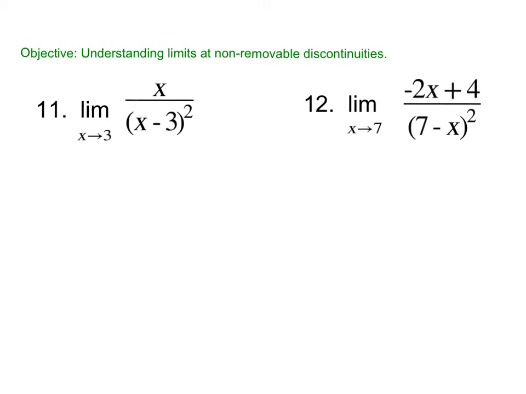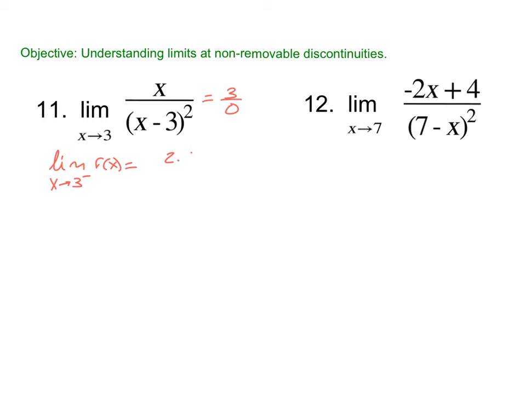All right, so now this one's a little more complicated because notice they're just asking what's happening at 3. So we need to check from the left of 3 and from the right of 3. If I try to plug in, again, I get 3 over 0. So now what's happening as x approaches 3 from the left of f of x? So left of 3 is like 2.9.